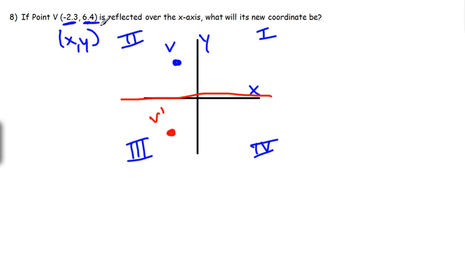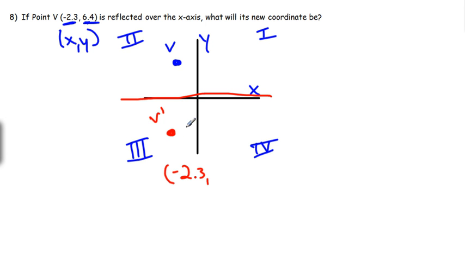And so let's see, how do those coordinates change? Did our x value change? Did this point move left to right? No, it didn't. It's still in about the same spot, regardless of how I drew it. So our x value is still negative 2.3, comma. Our y value did change.